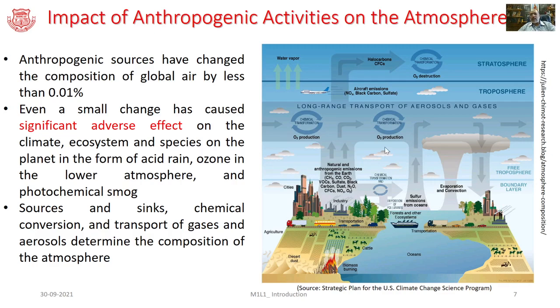So, just for example, you can see here that ozone is getting produced at the ground level. The ozone that is getting produced at the ground level, being a greenhouse gas and having some inherent characteristics which are hampering all the biotic factors, is not acceptable.